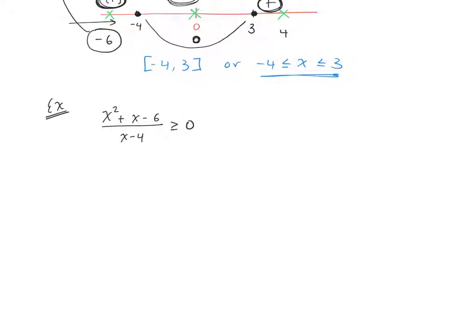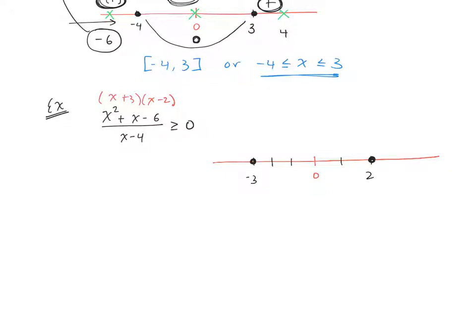On the top, if you factor the top, this will be (x + 3)(x - 2). We do another number line like we did in the previous example. Remember, always use 0 for reference. Now you have 2 points where this is 0, which is at the value 2, and also at the value negative 3.